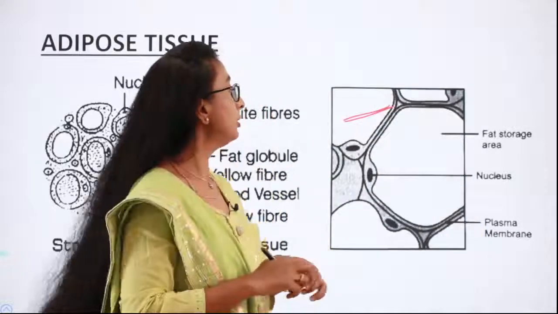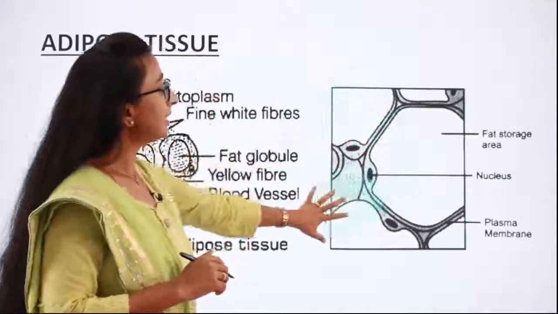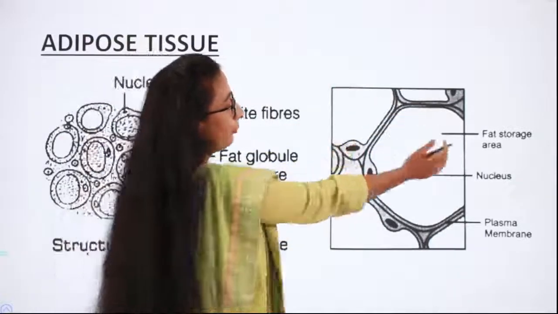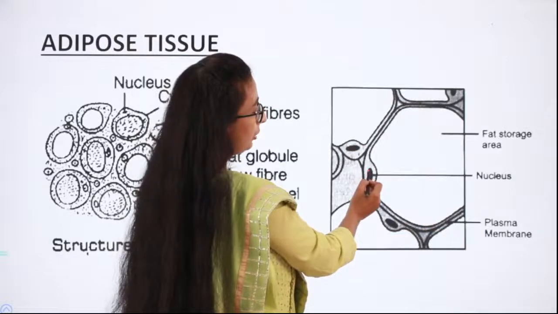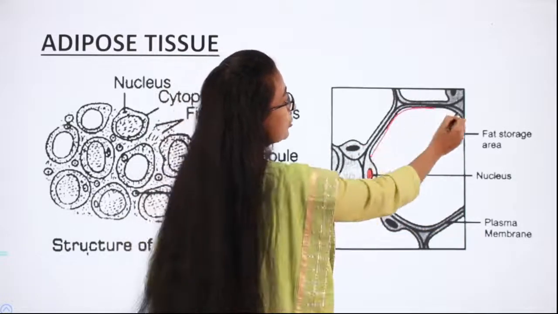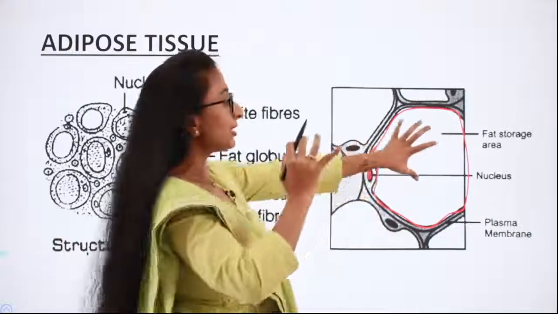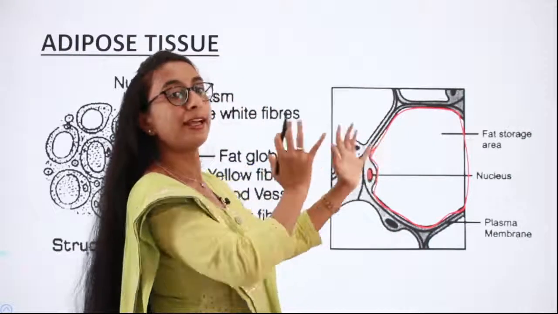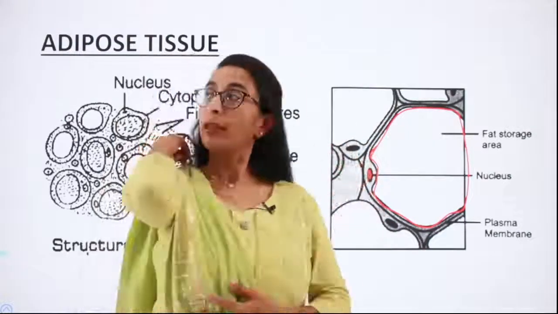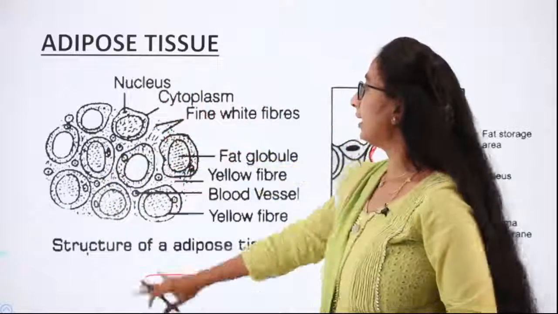If you have to see a single cell of adipose tissue, this is how it will look. This is the nucleus and this is the fat storage area. You can see the fat storage area is so huge. It is in this area that the fat will get accumulated and stored. So this is how the adipose tissue looks.